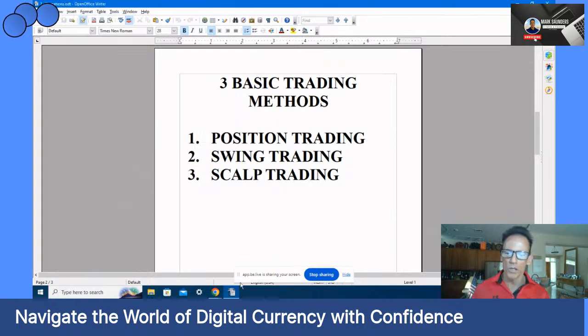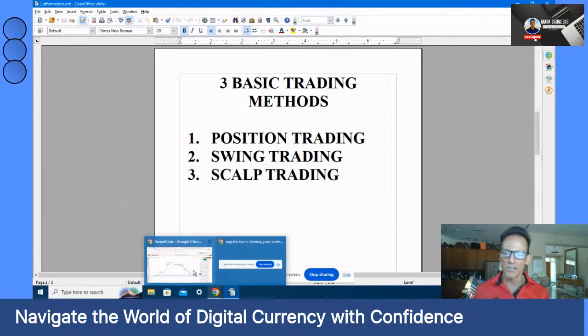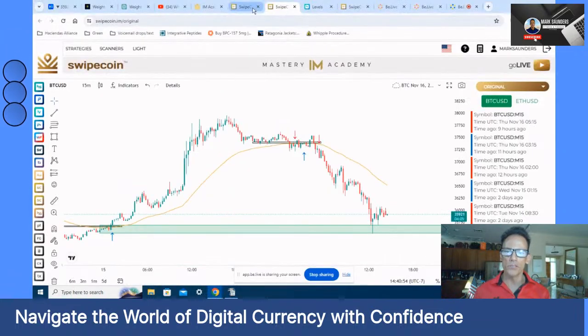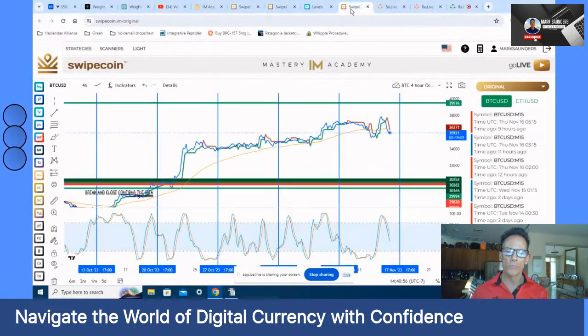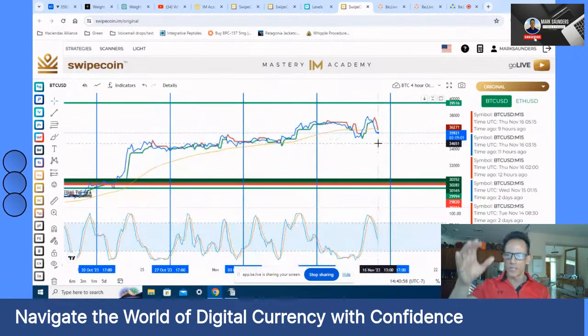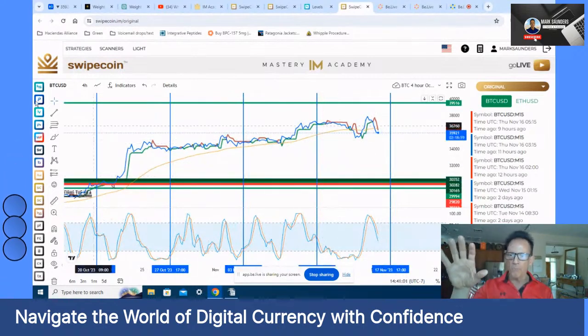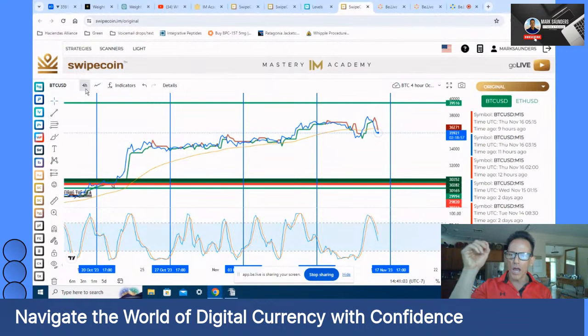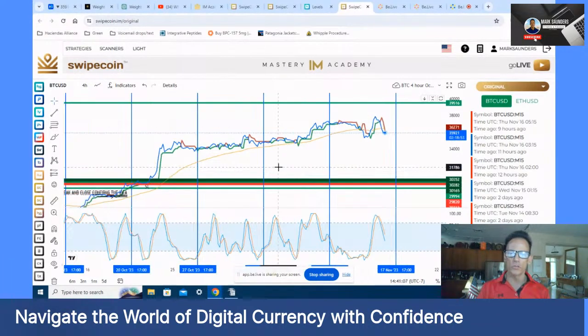Swing trading. Let me show you. Swing trading is basically the highs and lows of the market. So for example, right here, this is the same swipe coin tool, but this is on the 4-hour time frame. When you're looking at charts, you can look at them at different time frames: 4 hour, 1 day, 15 minute, 1 week, 1 month, 1 minute, 30 seconds, even little seconds.